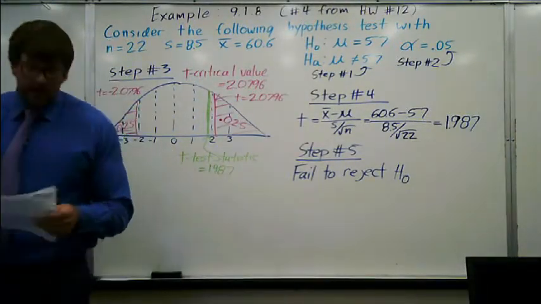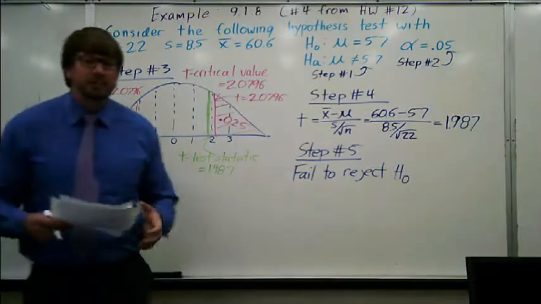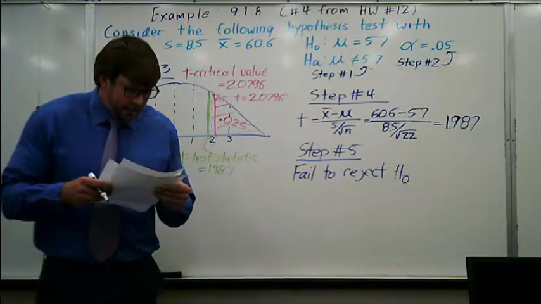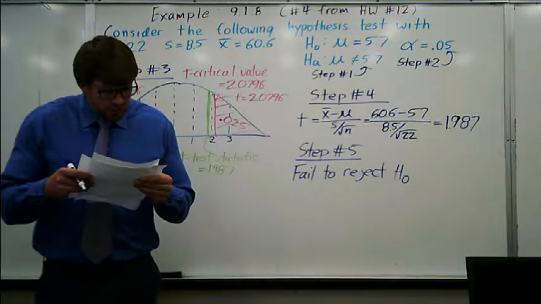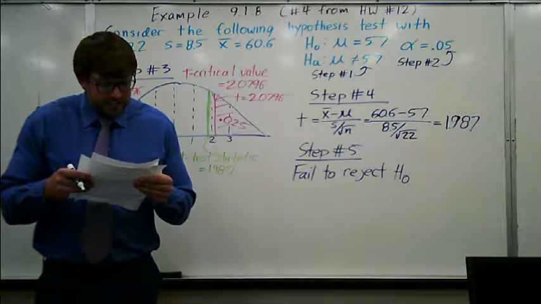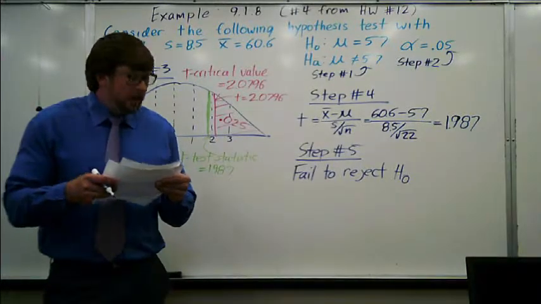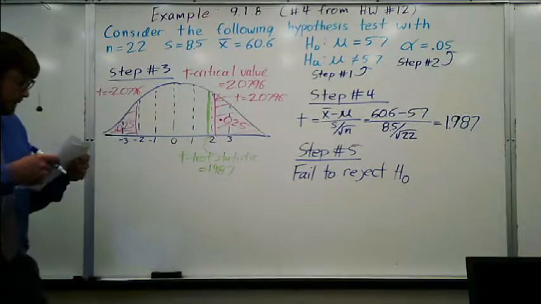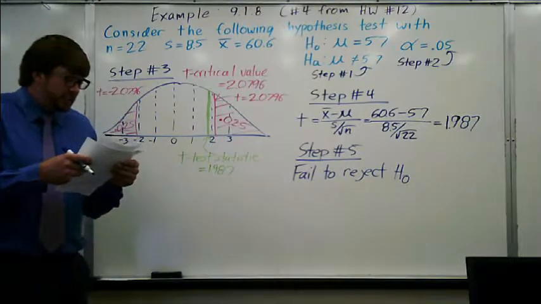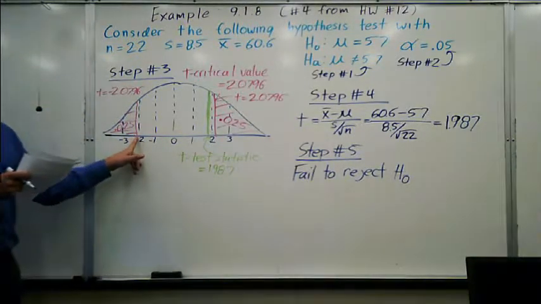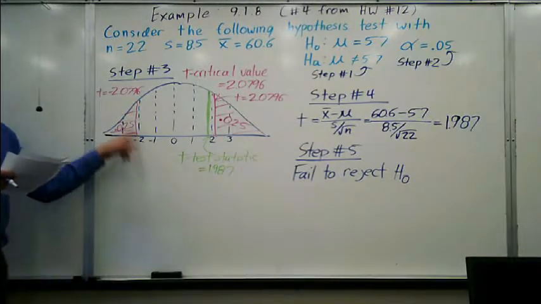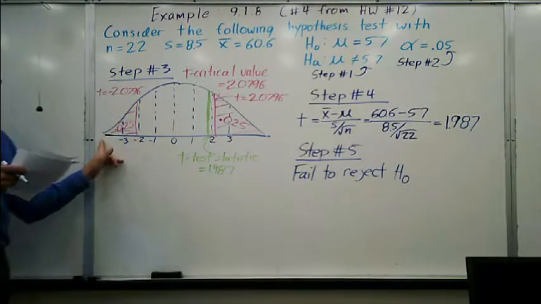Then real quick, let me go over the actual questions they ask you on your homework. Part A, they say, state the decision rule in terms of critical values of the test statistic. And the answer is just reject the null hypothesis if the calculated value of the test statistic is less than negative 2.08, right?